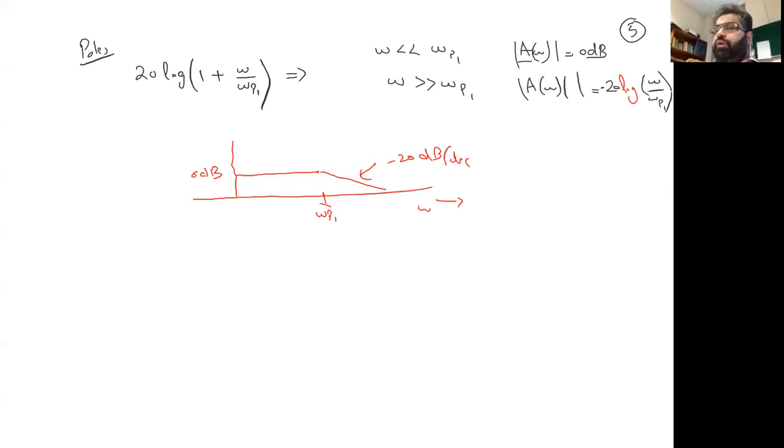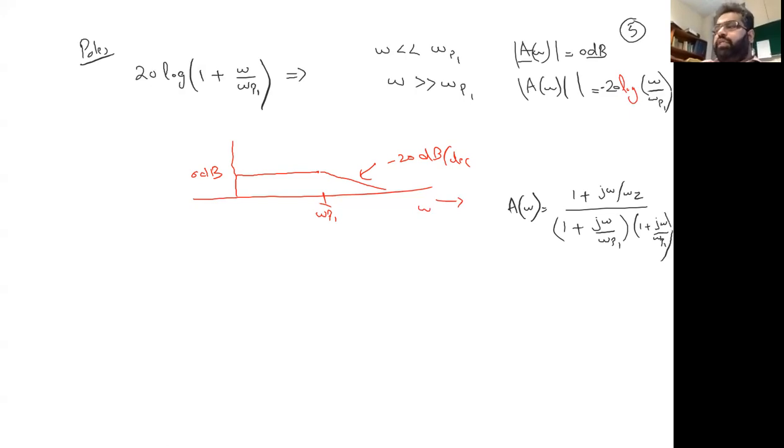Now, if we have the overall expression from the previous window, meaning A of omega equal to 1 plus j omega by omega z divided by 1 plus j omega by omega p1 times 1 plus j omega by omega p2.